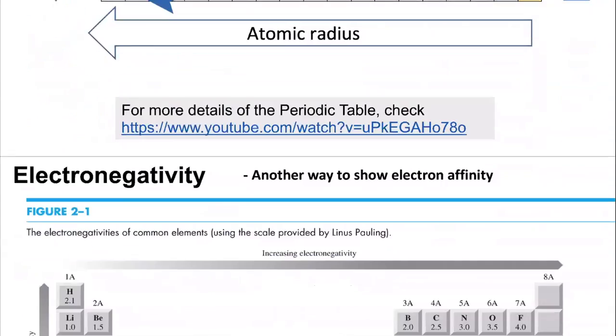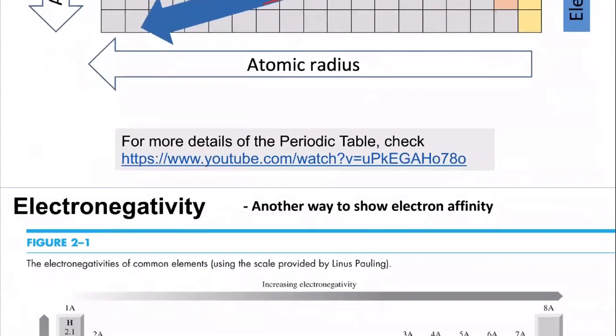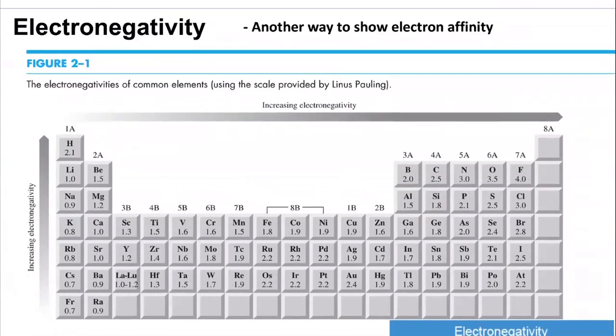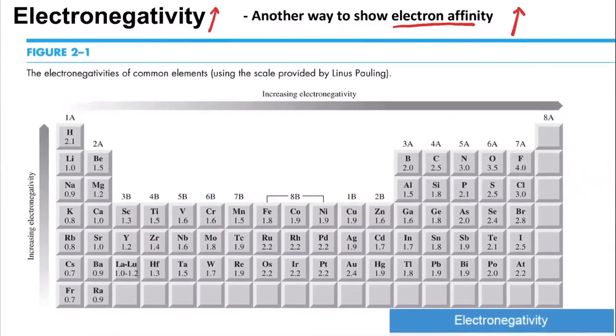This has something to do with the electron affinity, okay? What people show is this table of the electronegativity. You can treat this parameter as an indicator of the electron affinity. Basically, the higher the electron affinity, the larger the electronegativity.